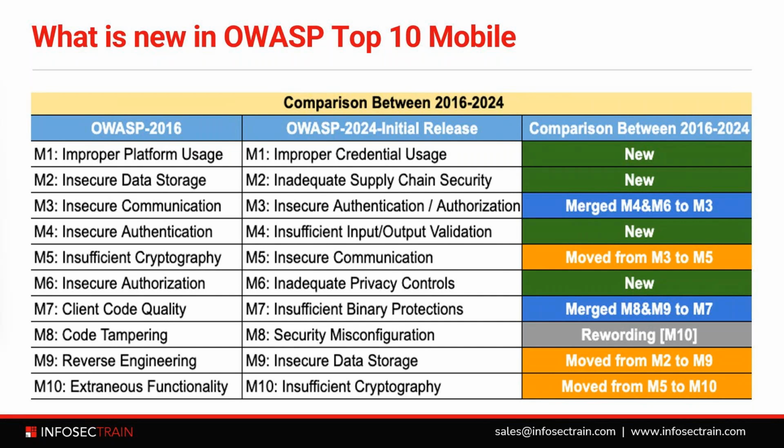So last time it was in 2016 they released a list for mobile applications, and now recently they have released a new list for the mobile applications, right? Now, as I said, you have OWASP Top 10, right? So in this they have given 10 vulnerabilities.